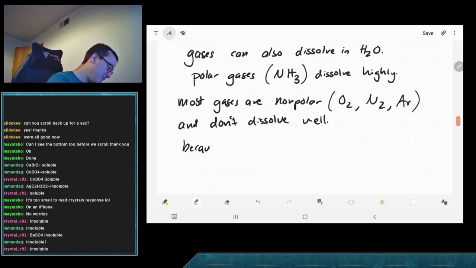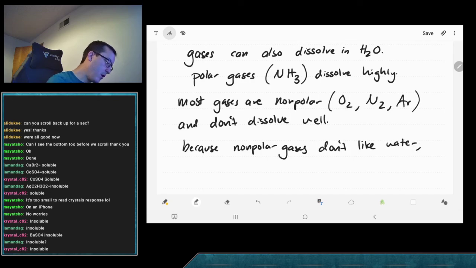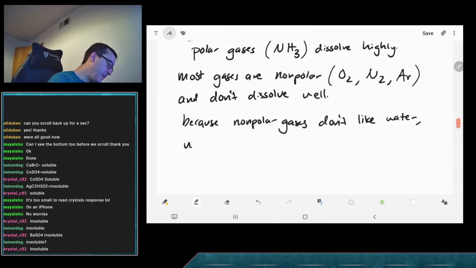Because nonpolar gases don't like water, we can cool the solution to help them stay dissolved.